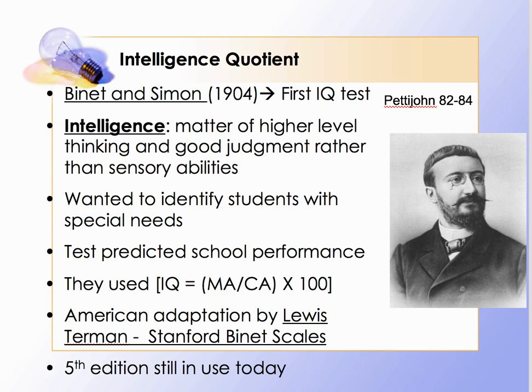So like I said, this was to identify students with special needs. It's used to predict school performance, and the IQ formula, or the intelligence quotient, is used to determine one's score. And the Stanford-Binet scales are used today, the 5th edition.